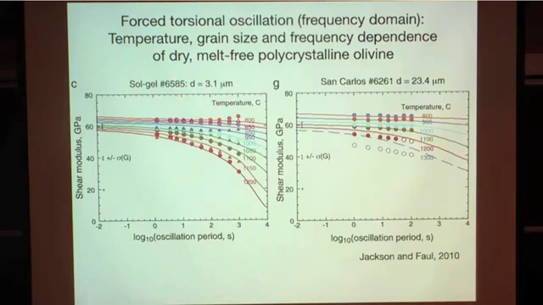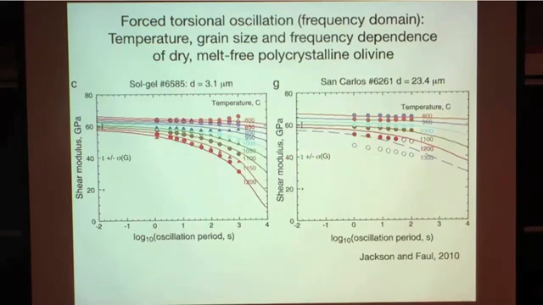One aspect to keep in mind is that the grain size here is 3 micron roughly. If we compare two samples with different grain sizes, here is 23 microns, so not quite a factor of 10 in grain size. If you go to 1,200 degrees, you can see that the modulus at the same temperature is much higher at the coarser grain size. Right?